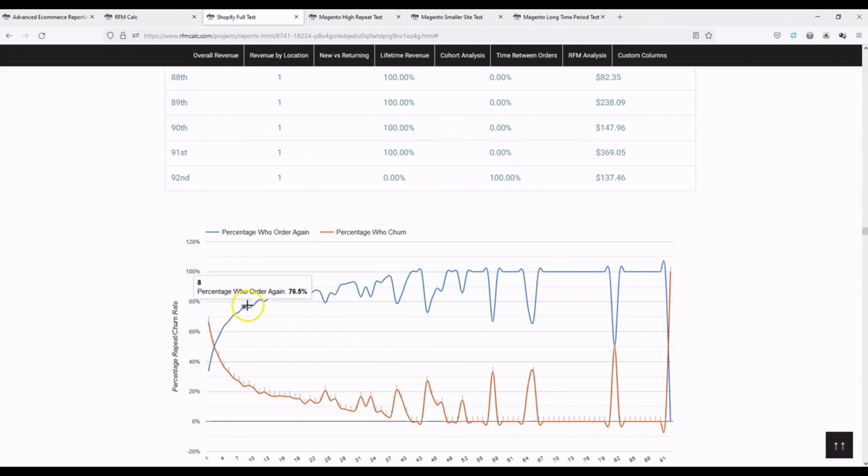Because if you can demonstrate the increased loyalty, which is really easy to visualize and prove with RFM Calc, you can then invest a lot more in your retention plans, making sure those first time customers and second time customers become really loyal long-term brand advocates for your e-commerce business.